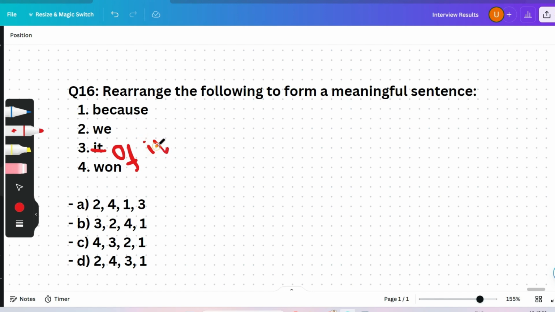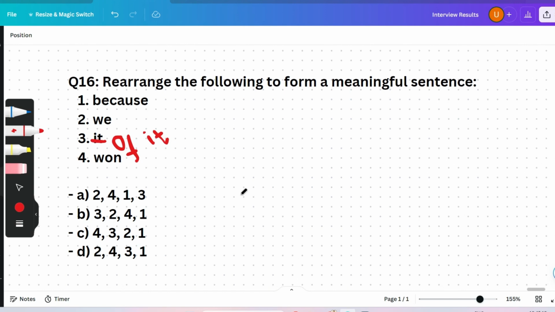If it is in the option, then choose it to make your sentence. So "we own because of it" will be the correct form. That means 2413. A will be the correct answer.